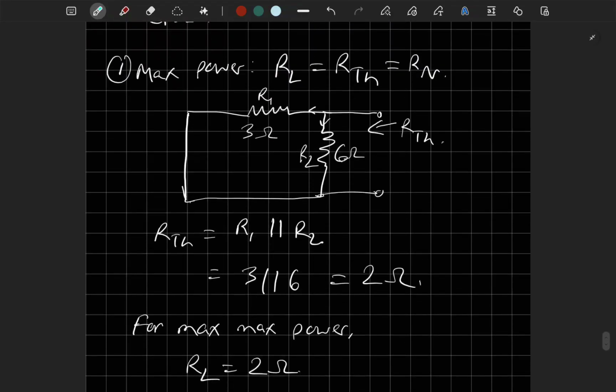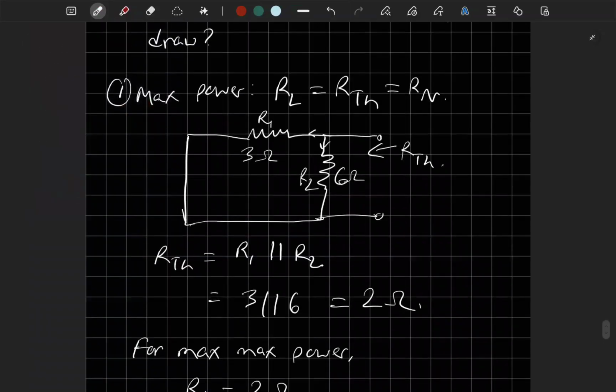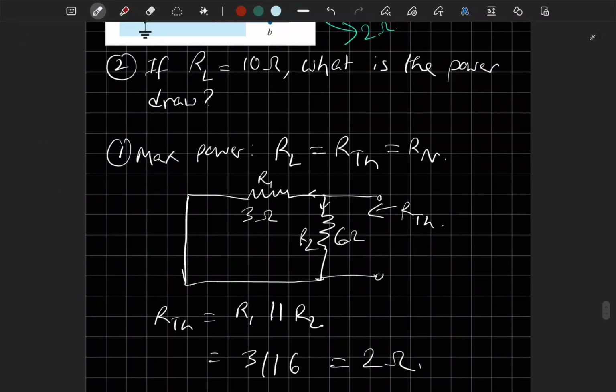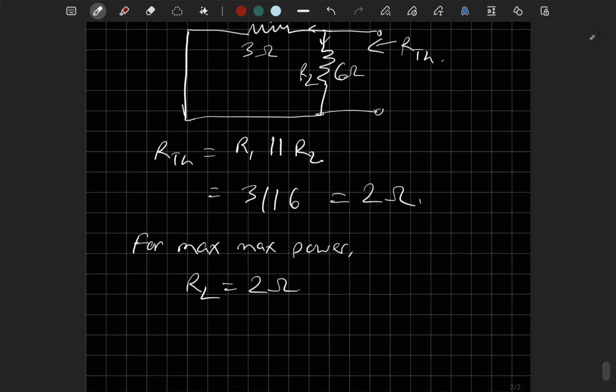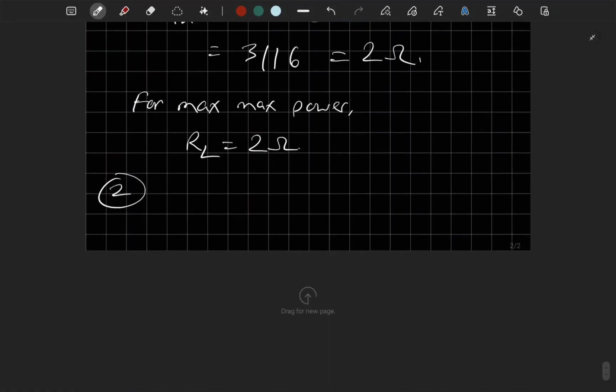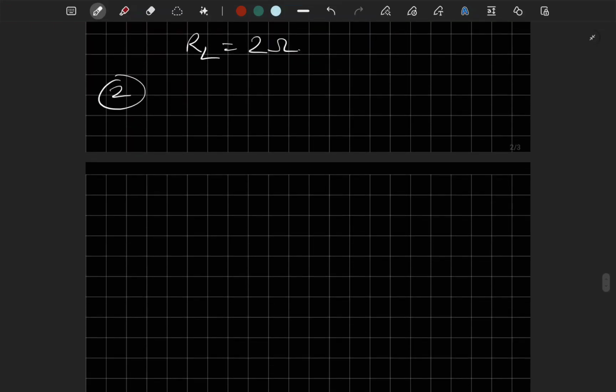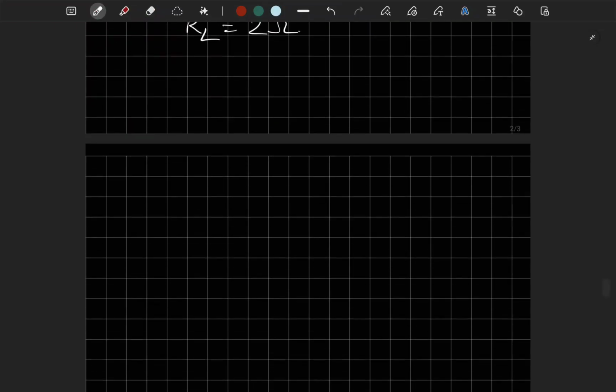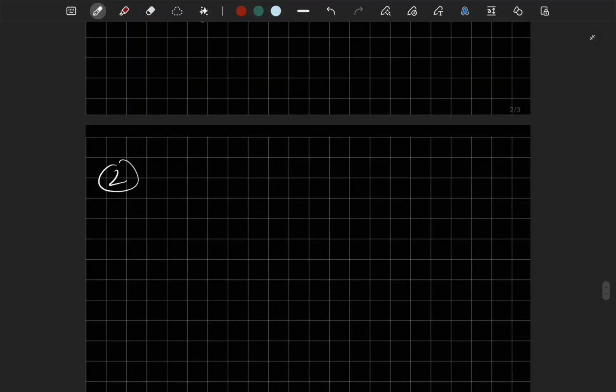Now let's see the next question. If RL is equal to 10 ohms, what is the power draw? Let's just go to the next page. So RL is equal to 10 ohms. What is the power draw?